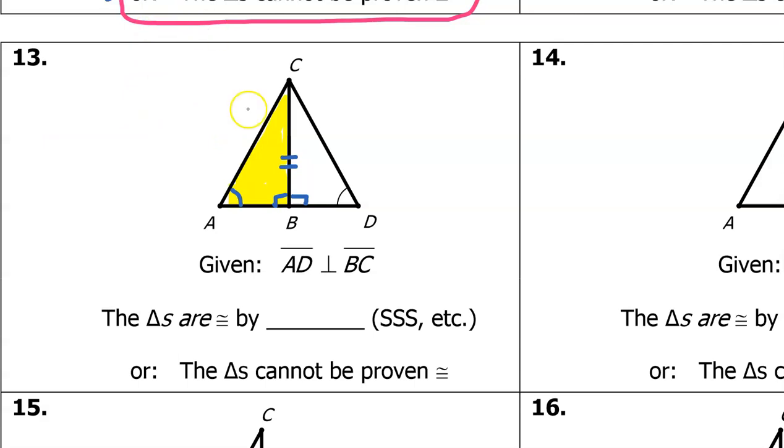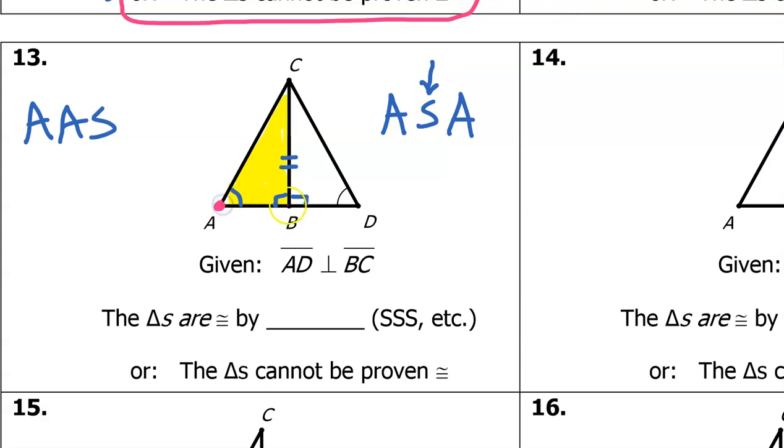So instead, we'll just look at this as any regular triangle. So we have two angles and a side. So this is either going to be angle, angle, side, or it will be angle, side, angle. It all depends on whether or not the side is between the two angles. So here are the two angles.